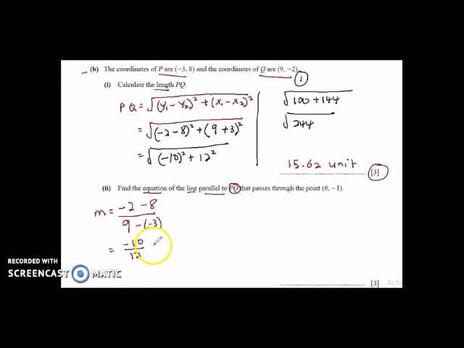We can simplify this. When we simplify, we'll be getting the negative 5 over 6 over here.